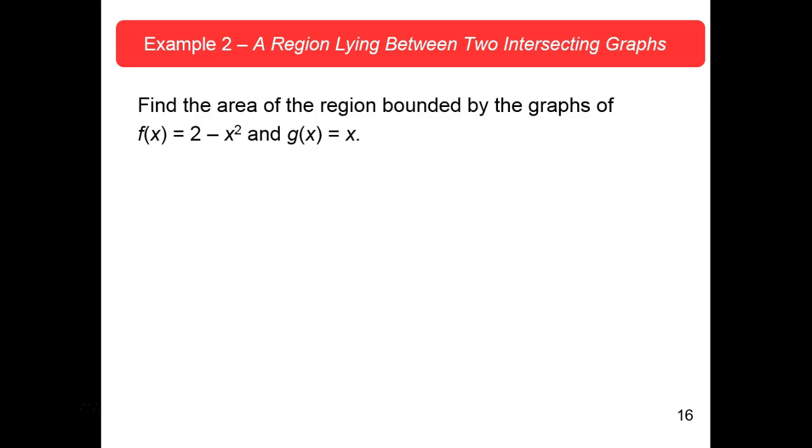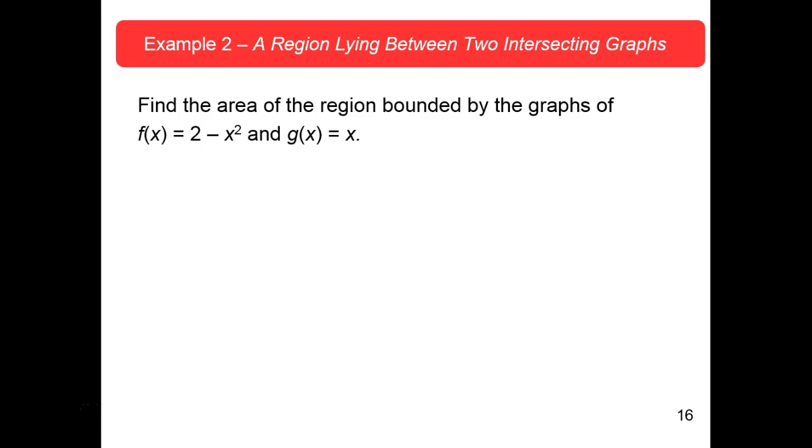Find the area of the region bounded by the graphs of f of x is equal to 2 minus x squared and g of x is equal to x. Now, it's not completely obvious who's on top, is it? Unless you actually do draw the graph, or at least representations of the graph.